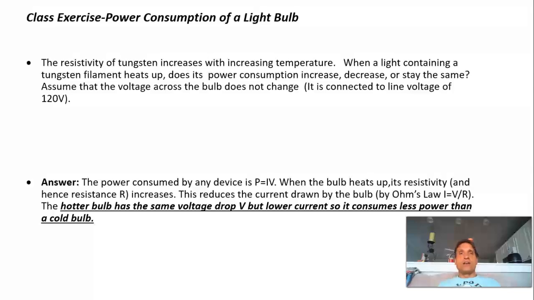In other words, does a bulb consume more power when you first turn it on or after it's been on a while and the tungsten filament has heated up? What we're going to assume here is that your bulb is plugged into the wall, so the voltage doesn't change. The voltage across the bulb is always equal to 120 volts, the voltage coming out of your wall receptacles. So that doesn't change.